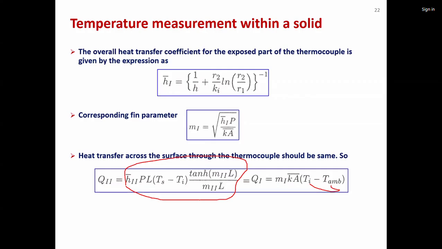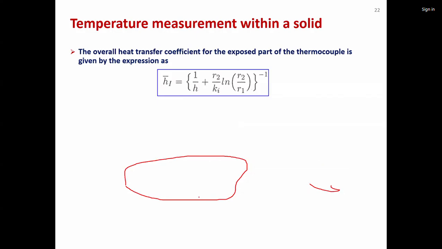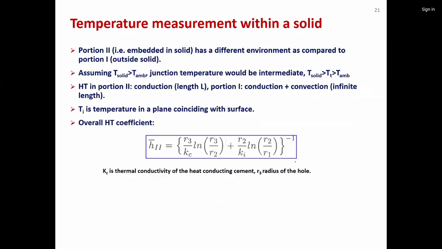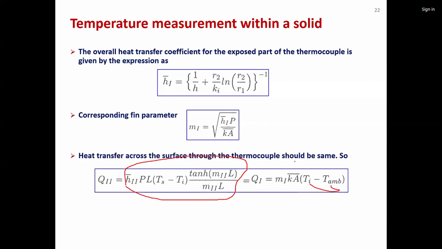And if you talk about a thermocouple wire, as compared to what you do if you want to measure temperature of a solid, this is really very large, right? You want to know mathematically at what L this becomes an approximation.